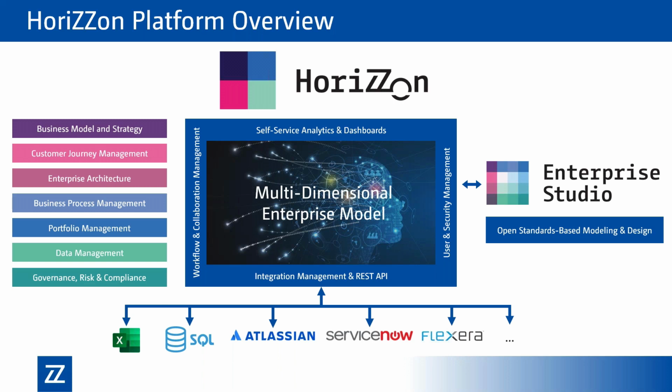Enterprise Studio you might know as a modeling tool to create these models. And this also links into all kinds of data sources you see at the bottom. So Excel files, SQL databases, say if you use ServiceNow as your CMDB, or if you use Technopedia from Flexera, all sorts of data sources you could link. And we have a generic way of linking into those sources as well. So that's something that helps you build up that model.